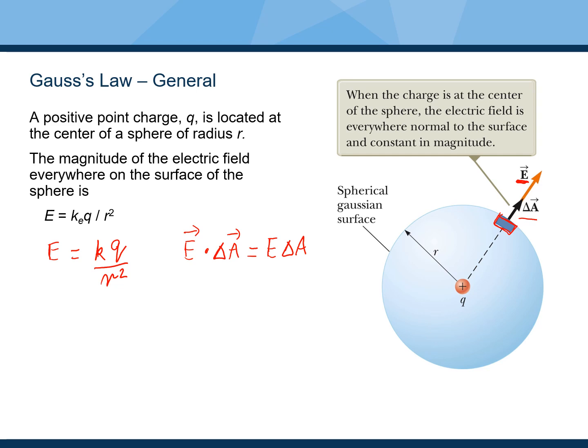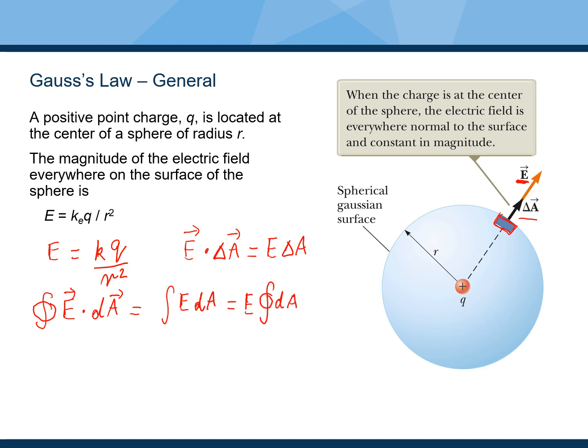And now let's do the integral over the closed surface of E vector dot dA vector. Notice that because the electric field is a constant at all points on this spherical surface, and E and dA are aligned with each other, we can write this as the integral of E times dA, and pull the electric field out of the integral and write it as E times the integral of dA.